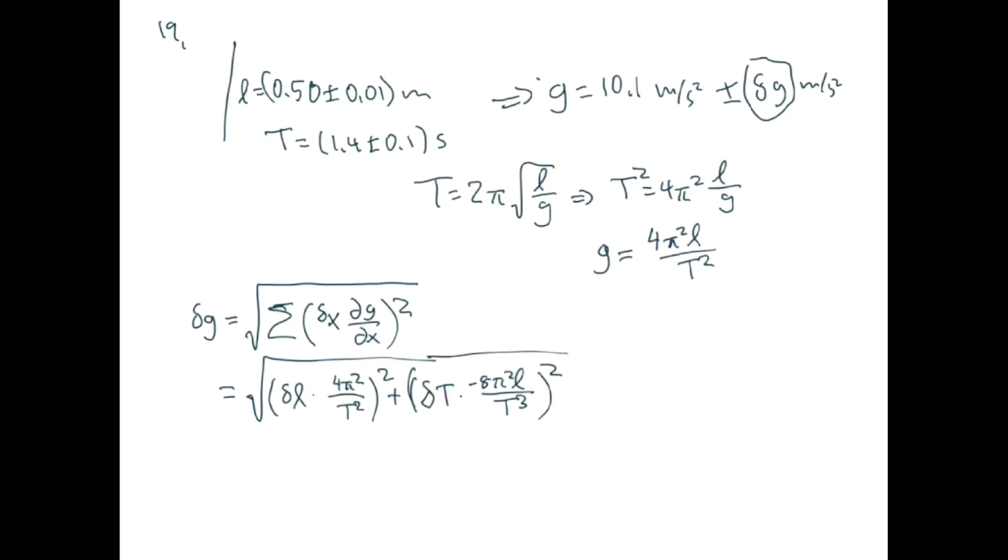And so now we have all of these numbers. All we have to do is plug stuff in. After we do that, we should get 1.4 meters per second squared.